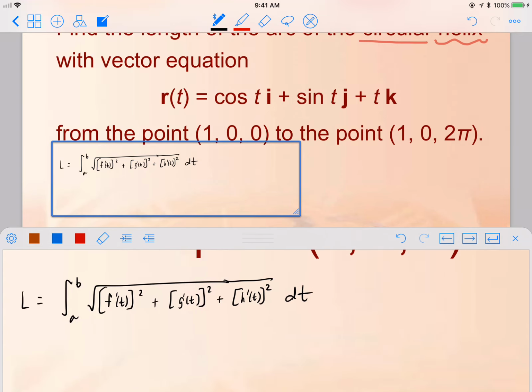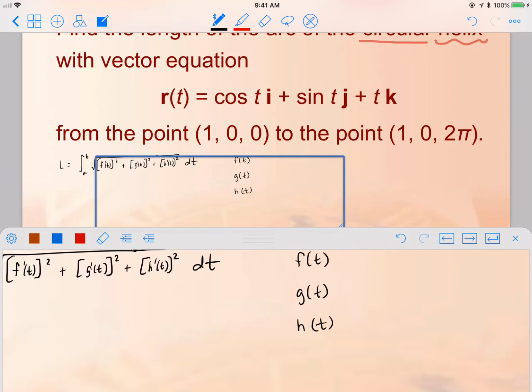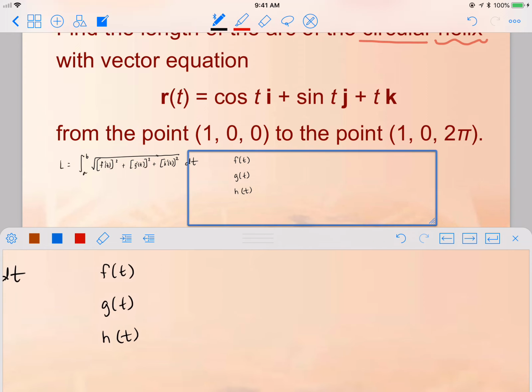And we've got to figure out f of t, g of t, h of t. We also need to figure out a and b.